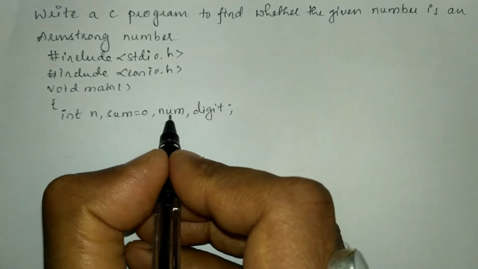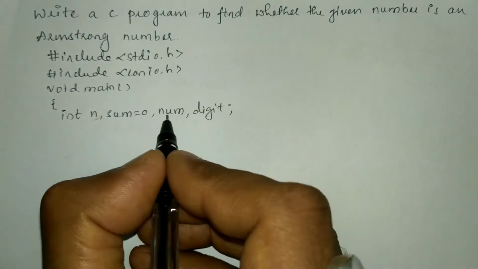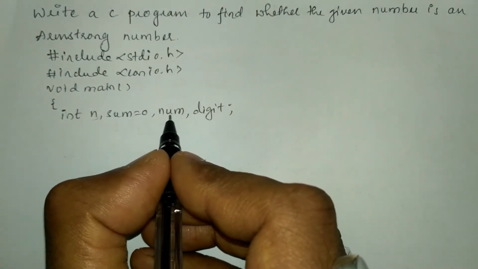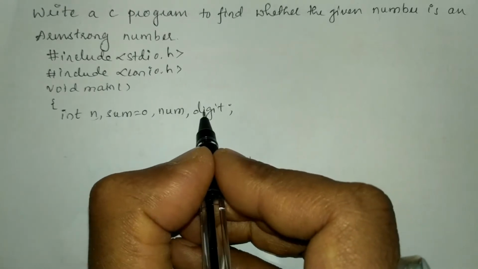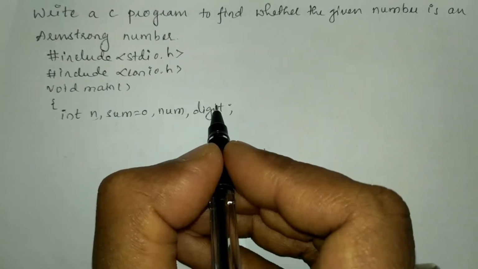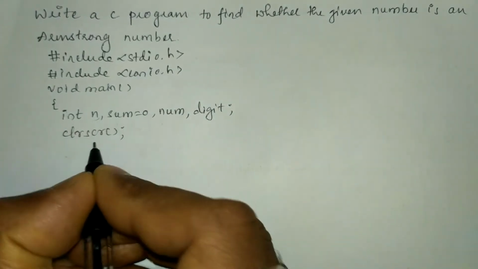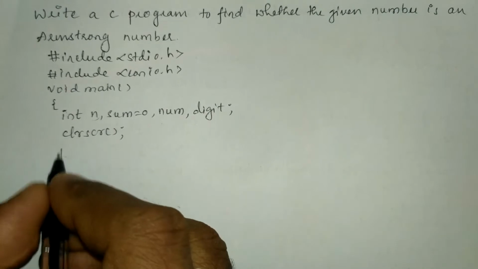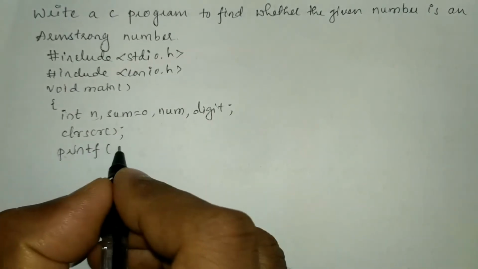So this num is used to initialize the value with n, because I want to keep the original value intact in this particular variable, and this digit is used to get the remainder after the modular division. Next we'll write clrscr function, which is used to clear the screen. Now we will ask the user to enter the number using printf statement.